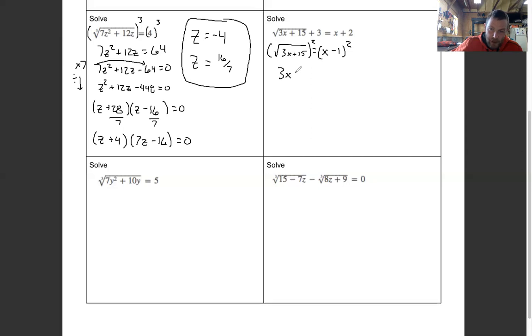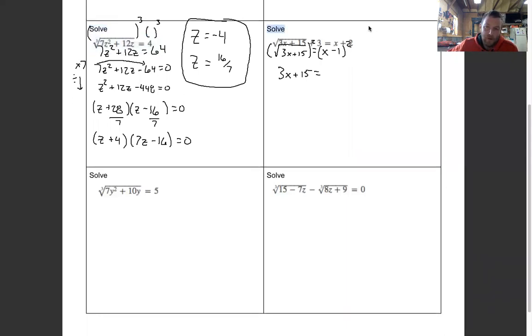So I'm left with 3x plus 15 is equal to, again, this isn't x squared minus 1 squared. You have to do the foiling of x minus 1 times x minus 1. So that would be x squared, negative 1x, another negative 1x, so it's minus 2x, and then negative 1 times negative 1 is plus 1.